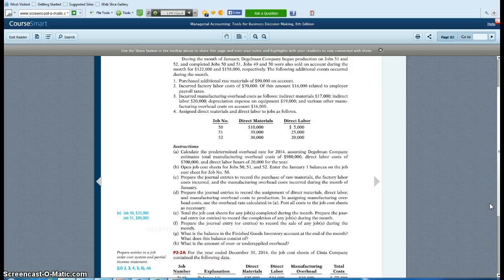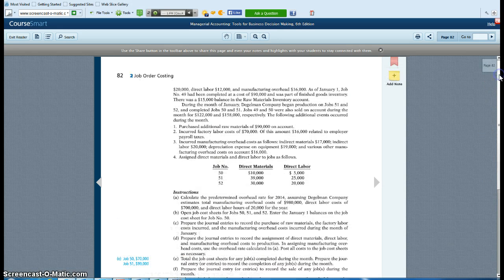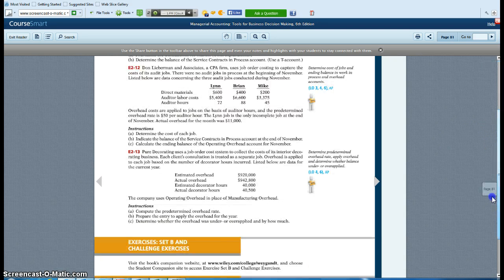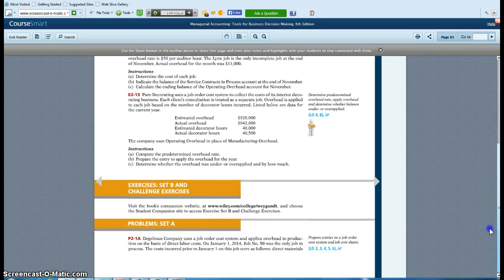So the first thing we need to do is determine how we are calculating this predetermined overhead rate. So we're going to go back and look at the information regarding the predetermined overhead rate.